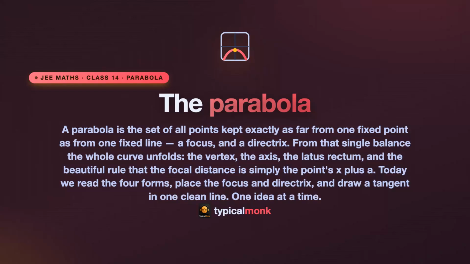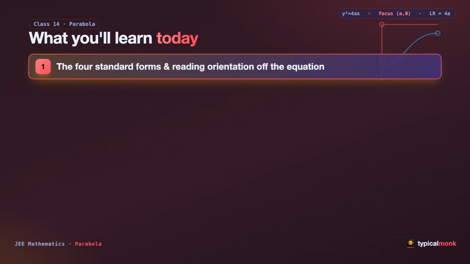Today, we read the four forms, place the focus and the directrix, and draw a tangent in one clean line, one idea at a time. Here is what you will learn today. First, the four standard forms and how to read the orientation straight off the equation.